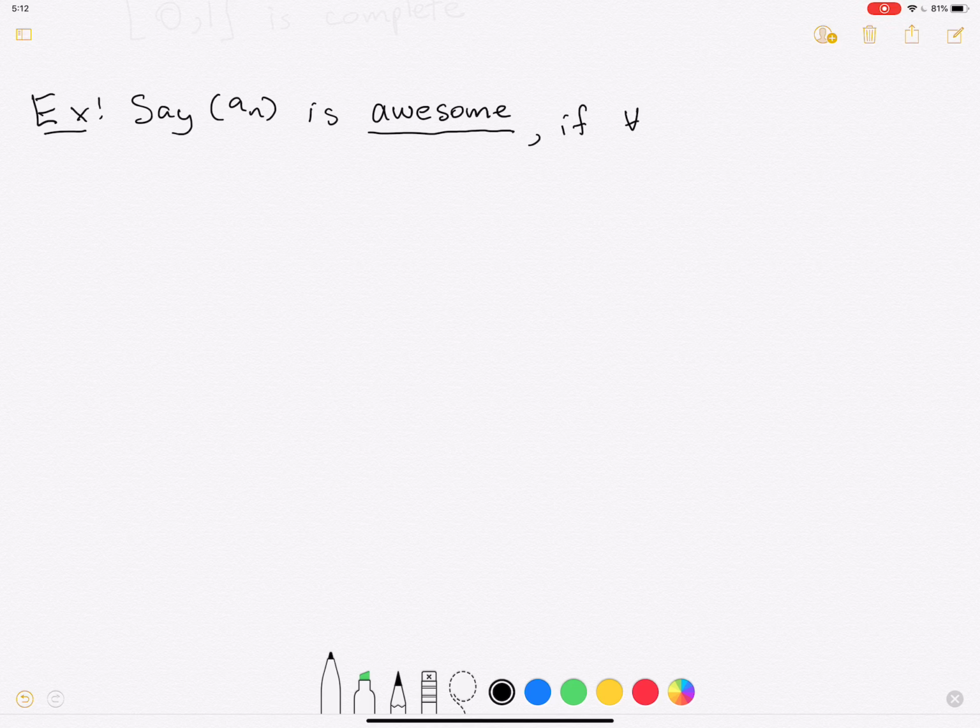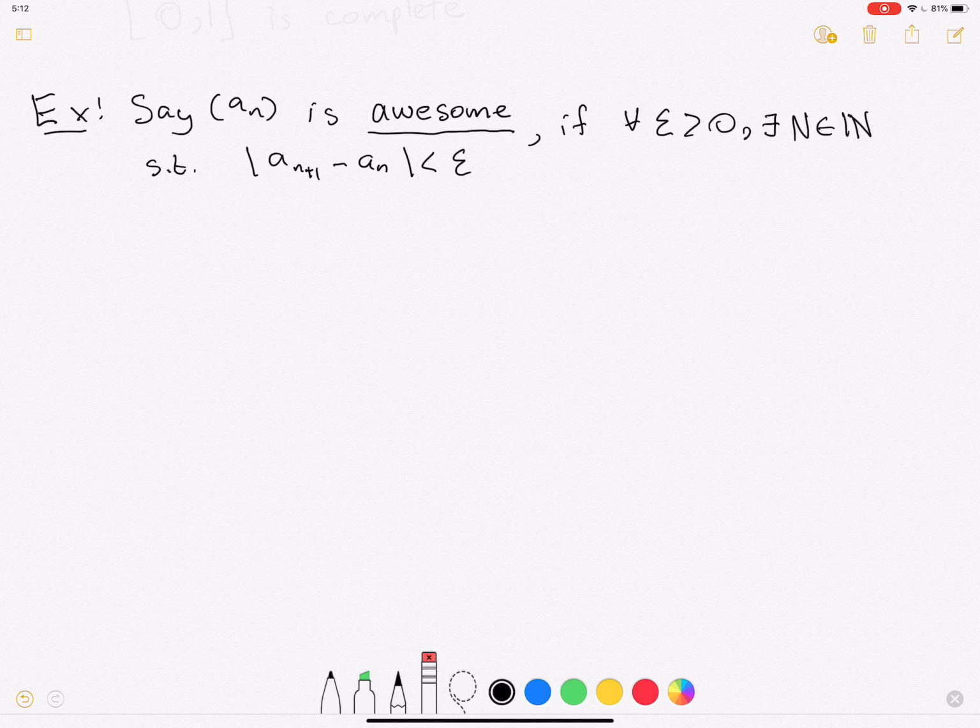If for all epsilon greater than 0, there is an N, a natural number, such that a_{n+1} minus a_n is less than epsilon, let me write that nicer, for all n greater than or equal to N.